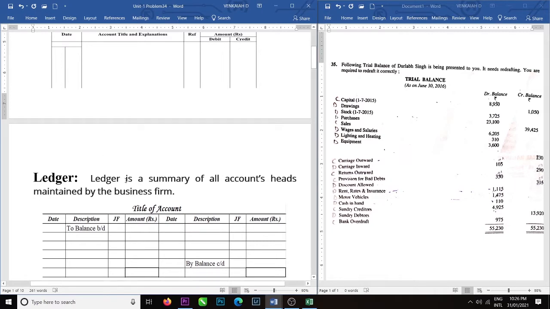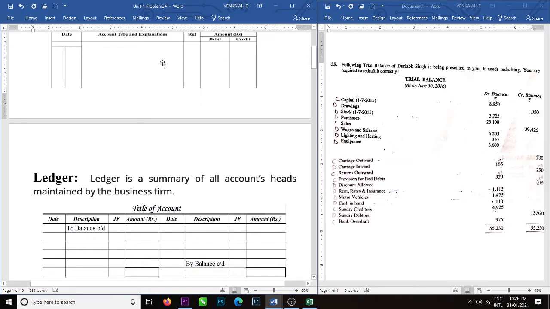Next, coming to the ledger. It is a summary of all accounts. What are the ledger accounts which we opened from the journal entries? Those ledger accounts are separately opened in this format: date, description, journal folio number, amount for debit, and similar headings for credit.